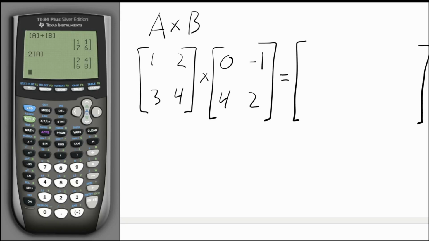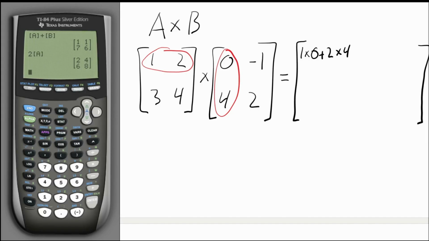Instead, what we do is we multiply a row of matrix A times a column of matrix B. And so what we're going to do is multiply the first element of this row times the first element of this column. So 1 times 0. And then we're going to multiply the second element of the row, 2, times the second element of the column, 4. And we're going to add those together.